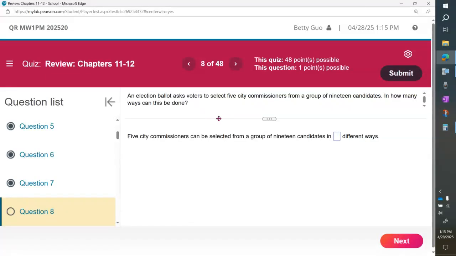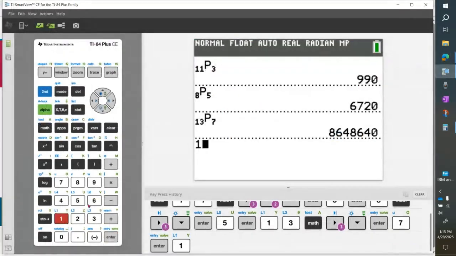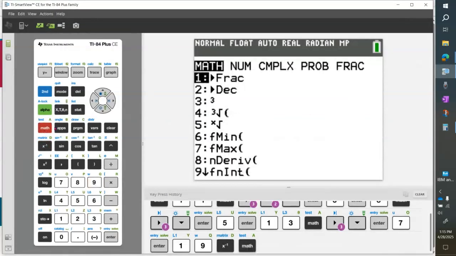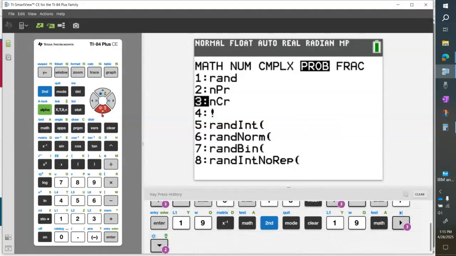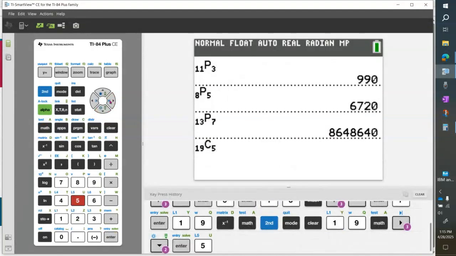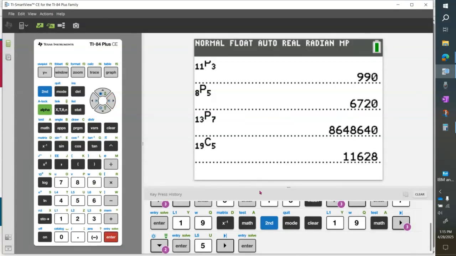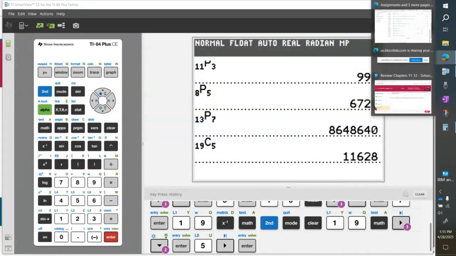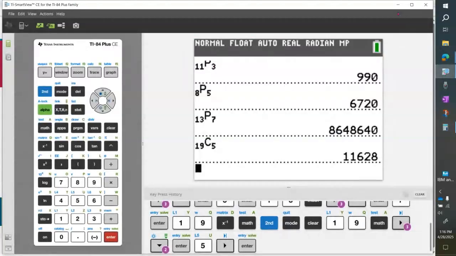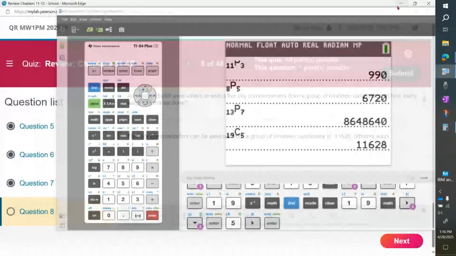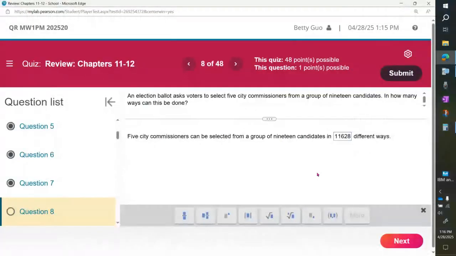Combination, C19 5. 11,628. That many different ways to form a subgroup and send those people in a subgroup to be the commissioners.